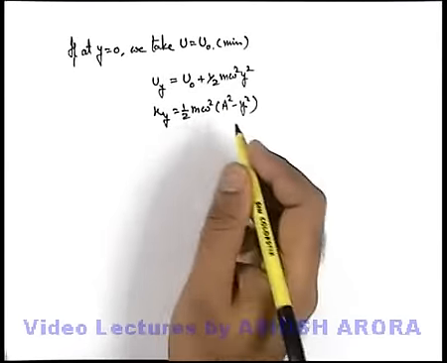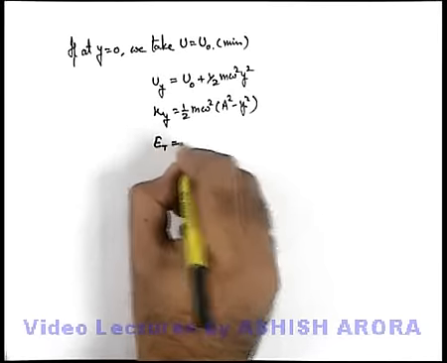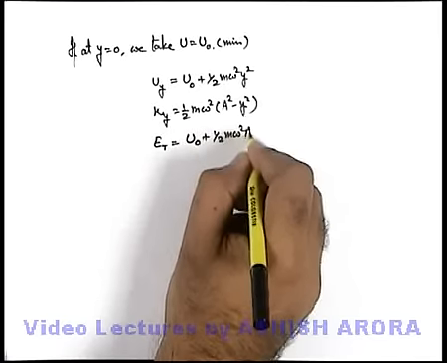When we add the two, the total energy of the particle is u naught plus half m omega square a square.